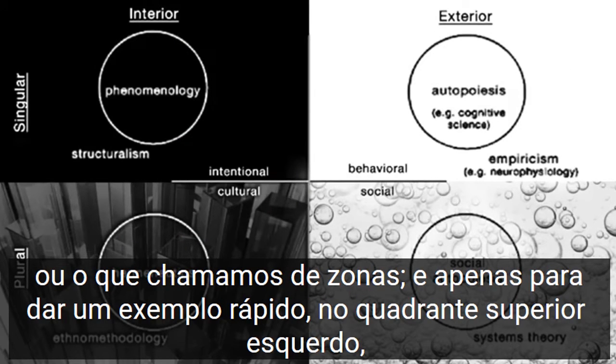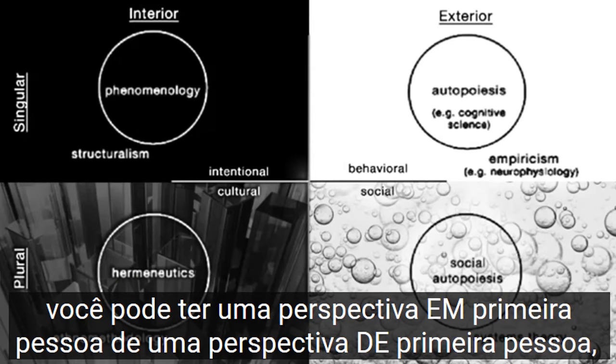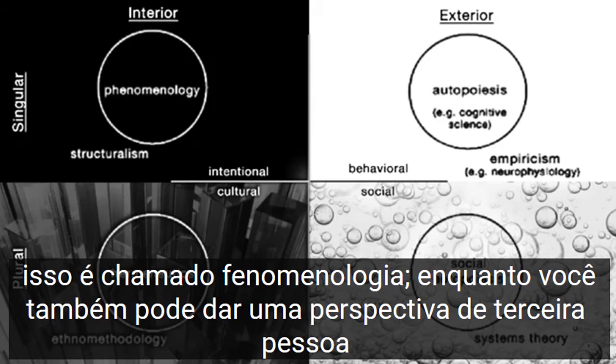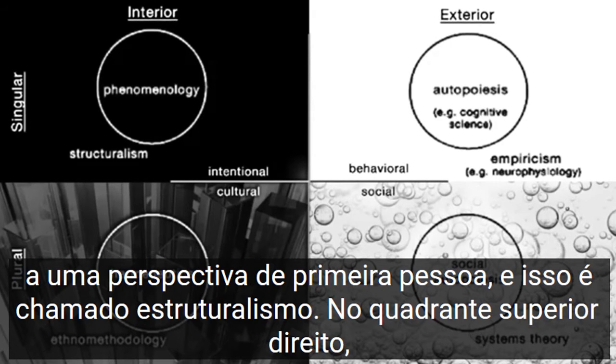And just to give you a quick example, in the upper left quadrant, you can take a first-person perspective on a first-person perspective, like you're giving a report of your own first-person perspective, and that is called phenomenology. Whereas you can also give a third-person perspective on a first-person perspective, and that's called structuralism.